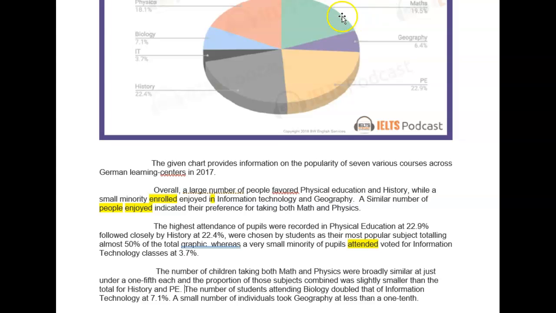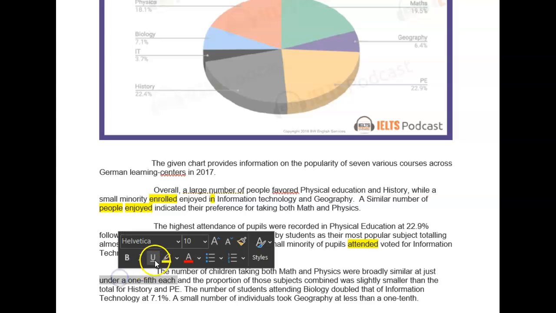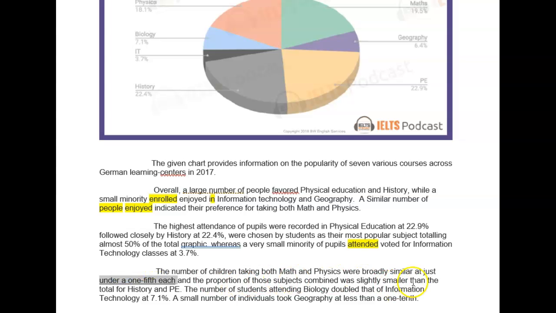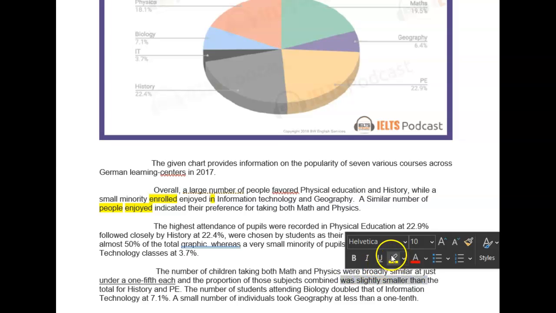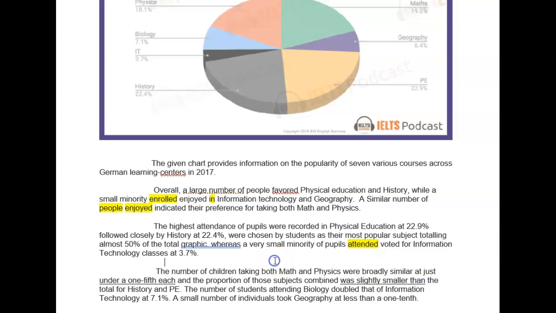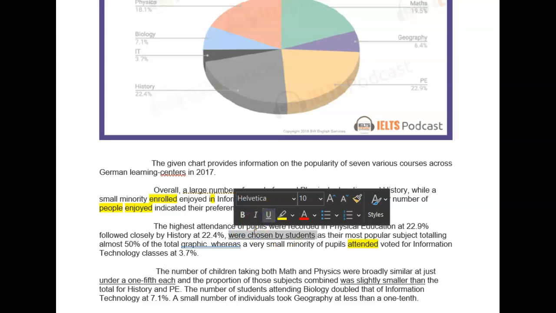So I'm trying to say that yes, that's quite popular, but it still wasn't as big as this. So if you look at this, what we really like. Okay, super. I've tried to put in a comparative structure here, slightly smaller than. So we're looking at the comparative structures. Were chosen by. So we're looking at a passive verb here. These are all the kind of things that's going to get you points.